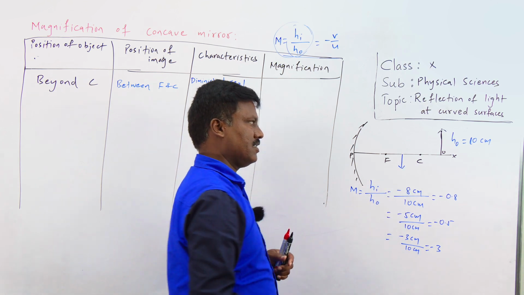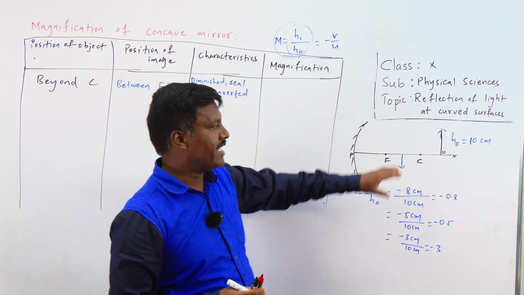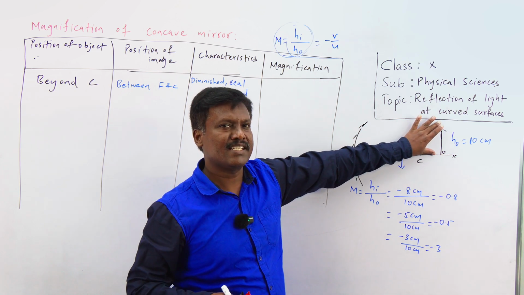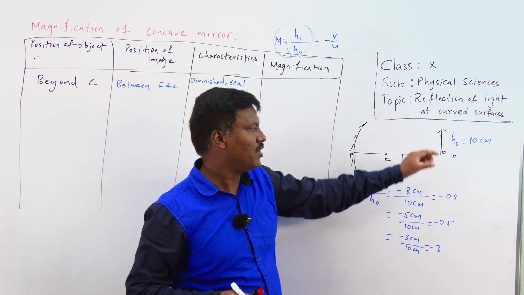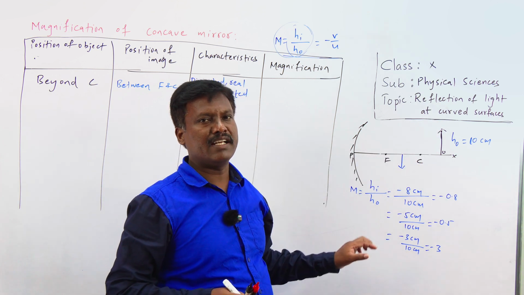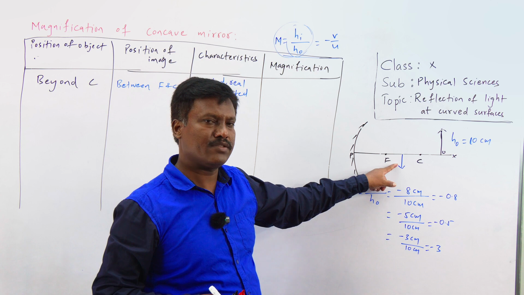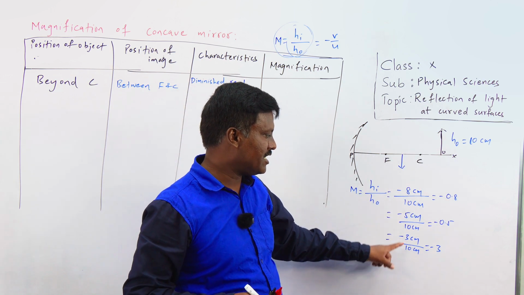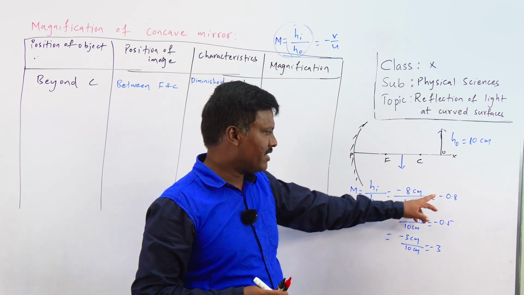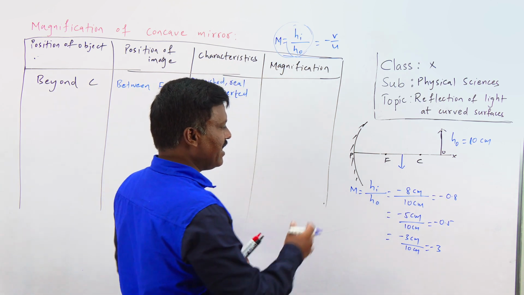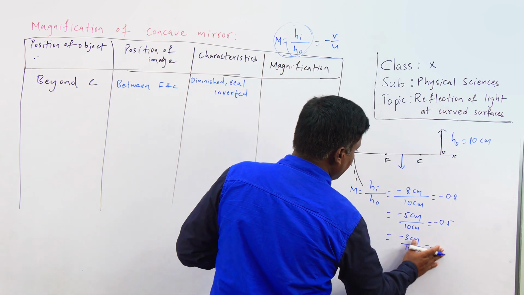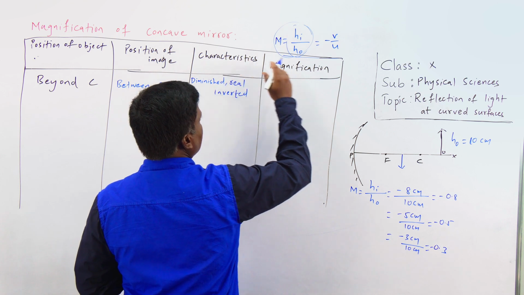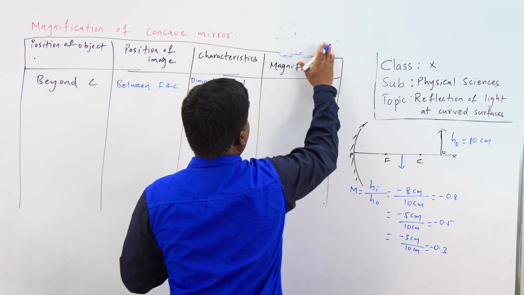According to the third sign convention, any height of the object or image measured upward of the principal axis is taken positive, and downward of the principal axis is taken negative. It is downward of the principal axis, so the sign is negative. Here the object is upward of the principal axis, that is why the sign is positive. So every time we are getting these values. Where do these values generally lie? Minus 0.3. I will draw the number line here.